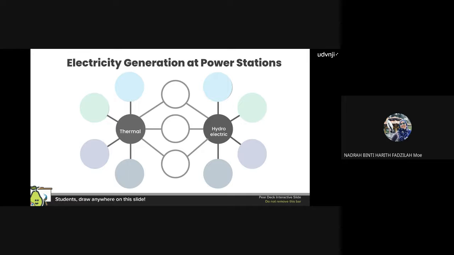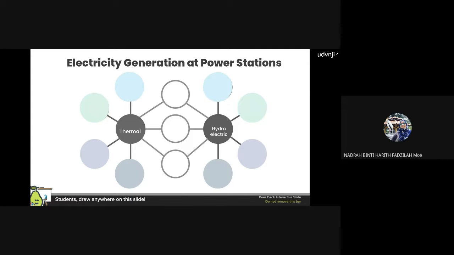Katalah kamu jumpa satu je similarity, tulis je satu similarity. Jumpa dua je difference, tulis saja dua difference ya. For example, if you find two similarities, isikan pada bubble yang warna putih di tengah-tengah tu. Bubble satu dengan bubble dua. Katalah kamu nak buat comparison in terms of the use of energy sources.